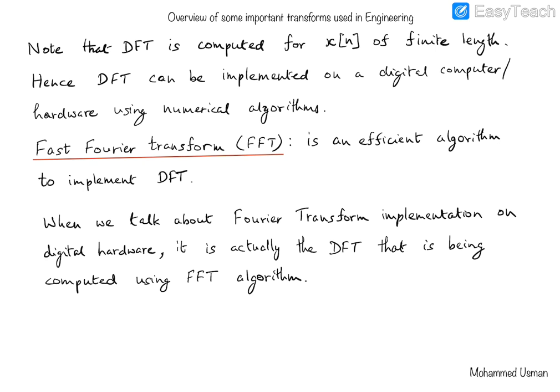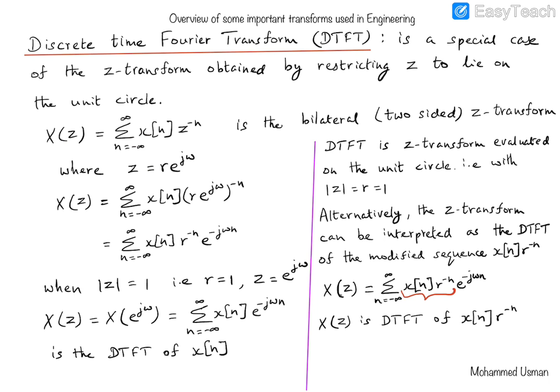So basically, the Z-transform is nothing but the Laplace transform of an ideally sampled signal, or equivalently, we can think of the Laplace transform as the Z-transform evaluated at z equal to e to the power st. We then saw that restricting the Z-transform to lie on the unit circle gave us the discrete time Fourier transform.